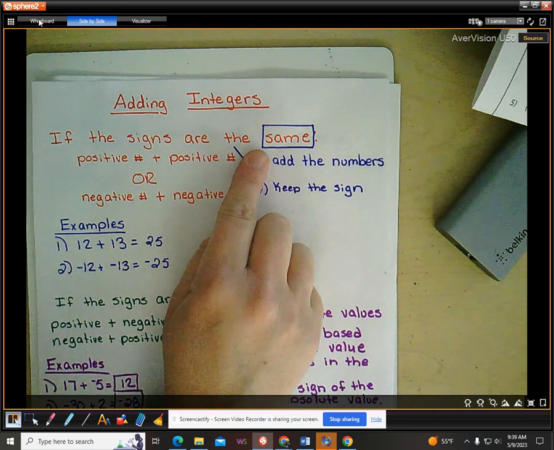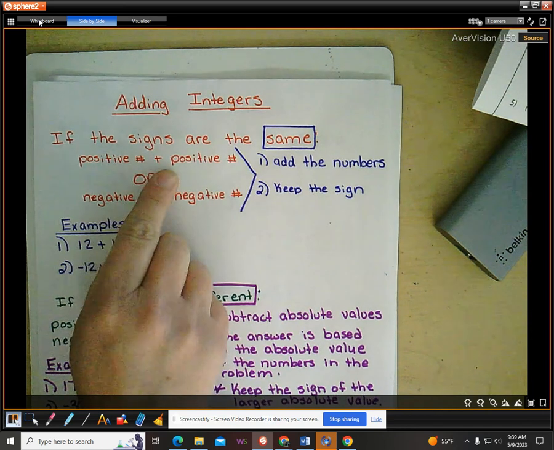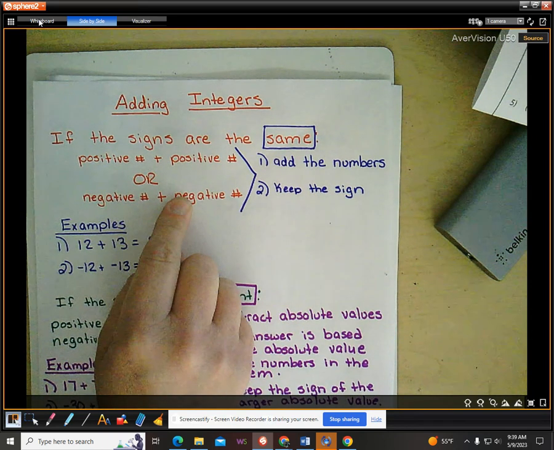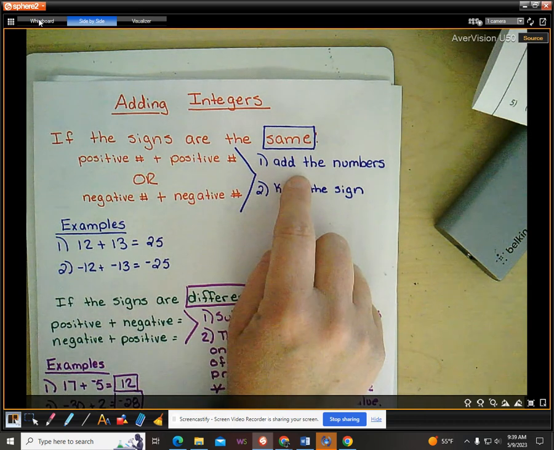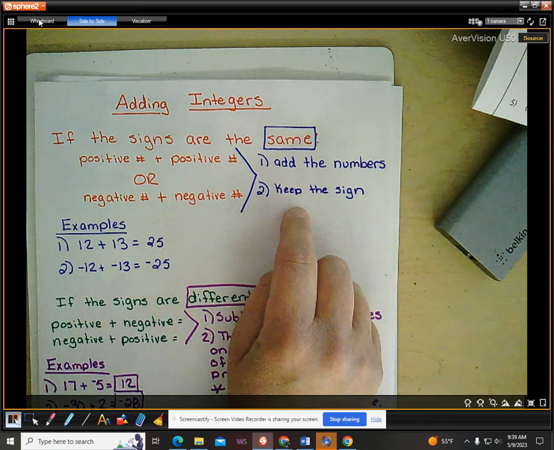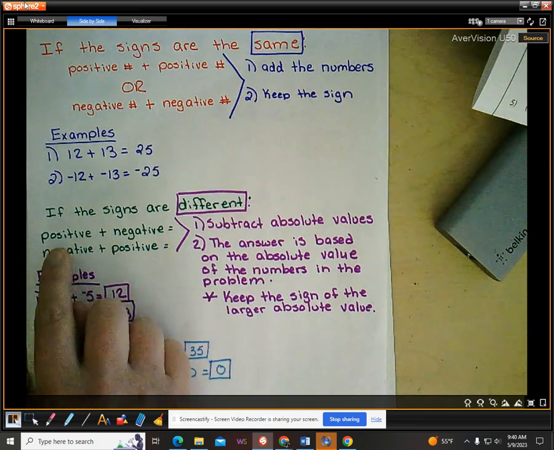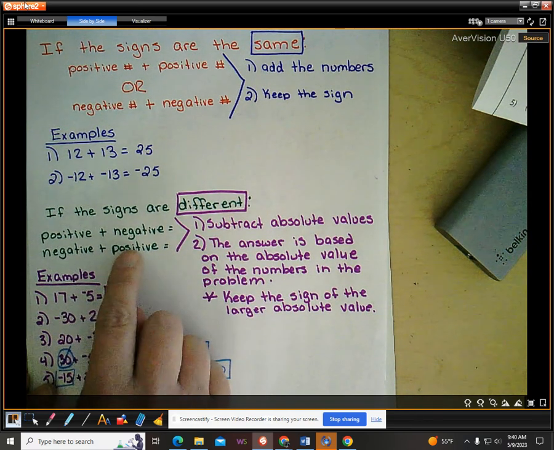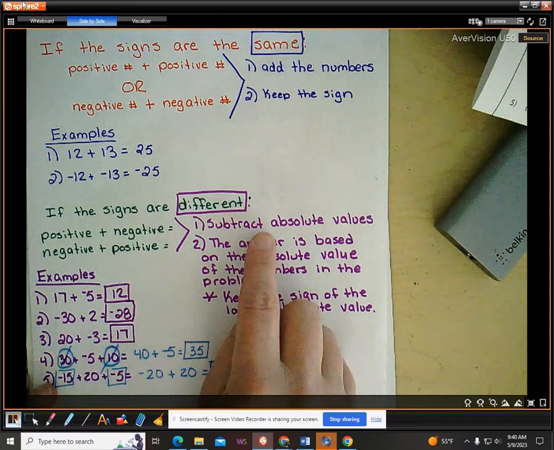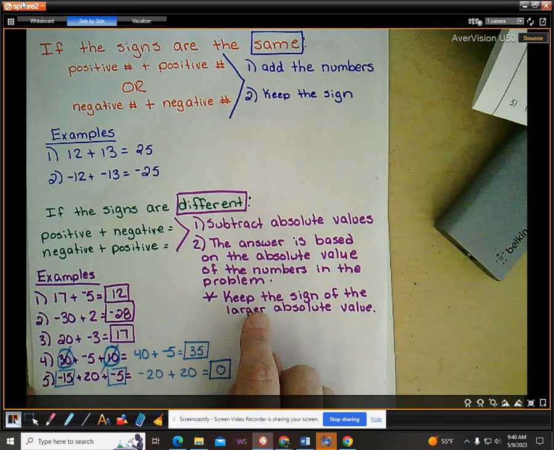and then we followed our adding integer notes from Monday. If the signs are the same, meaning two positives or two negatives that you are adding, you add the numbers but keep the sign. If the signs are different, meaning a positive plus a negative or a negative plus a positive, you subtract the absolute values and you keep the sign of the larger absolute value.